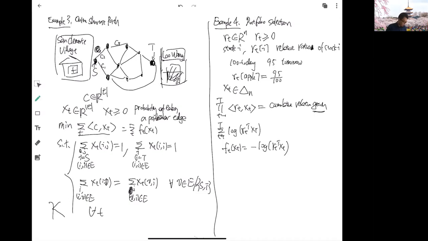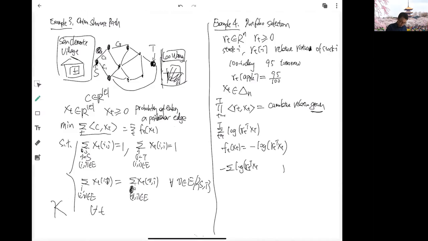Okay, and in terms of the regret, let's try to make sense of it. So the regret would be the sum of negative log RT transpose XT, plus the max over X in the probability simplex of the sum of log RT transpose X. So what is this?